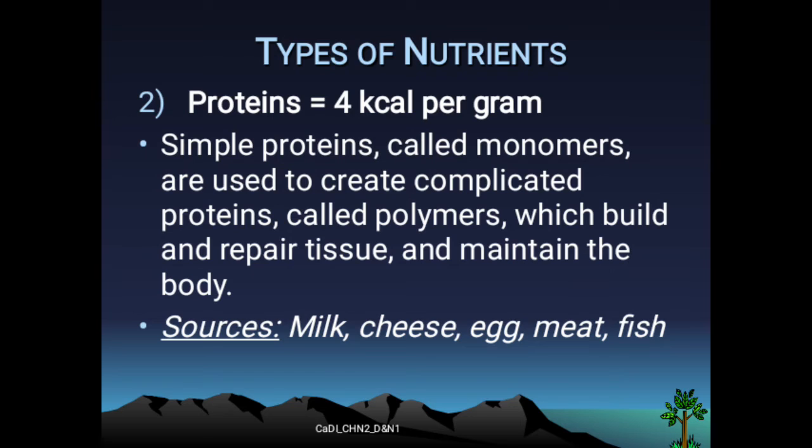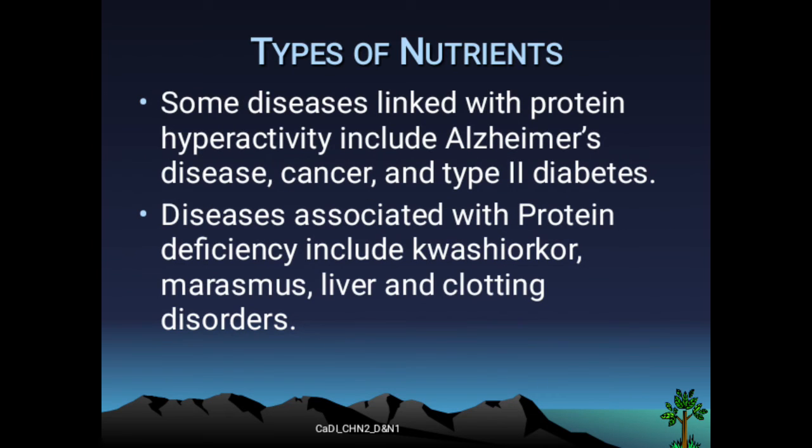Proteins: 4 kilocalories per gram. Simple proteins called monomers are used to create complicated or complex proteins called polymers, which build and repair tissue and maintain the body. Sources: we have milk, cheese, egg, meat, fish.